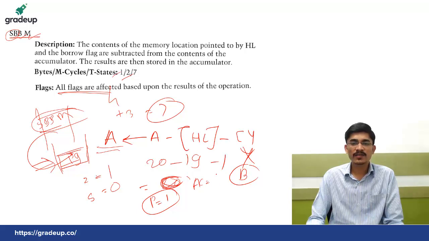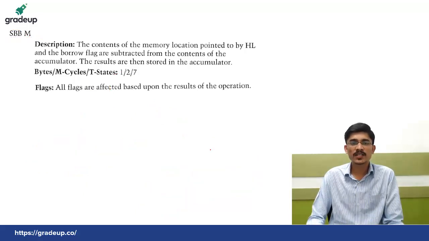Auxiliary carry will not be generated and carry will not be generated, so these will be 0. In this way this instruction works. I have explained the detailed working of SBB M. I hope you will understand the previous instructions in this way, as well as the next instructions in a similar way. So let's begin with our next instruction.